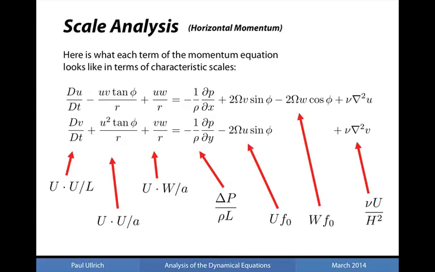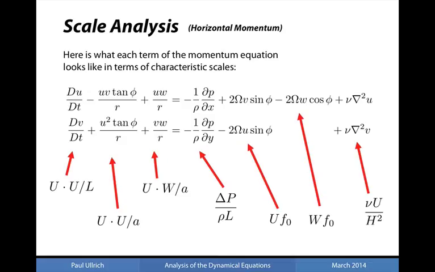It has scales of u over t, or substituting in t equals L over u, this term will have a scale of u squared over L. The second term is curvature associated with interactions between zonal and meridional winds. It has a scale of u squared over a, since we are dealing with the radius of the Earth, a, in the denominator rather than the length scale of the phenomenon.